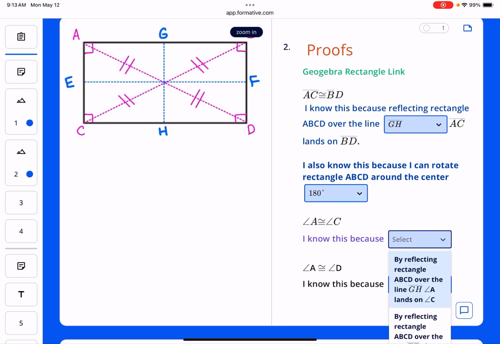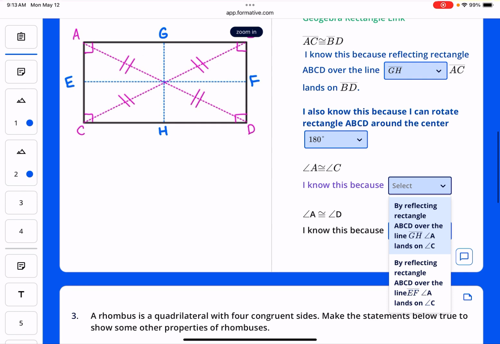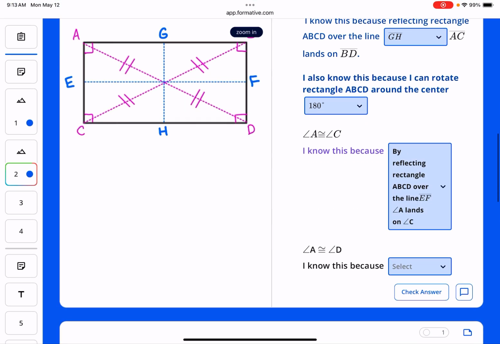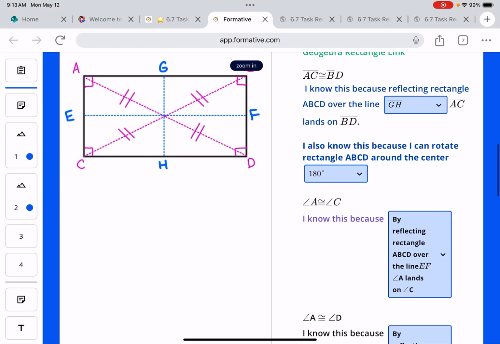So I know this because by reflecting rectangle ABCD over the line EF, angle A lands on angle C. And angle A equals angle D, I know this because we can reflect it over GH. We did this already.